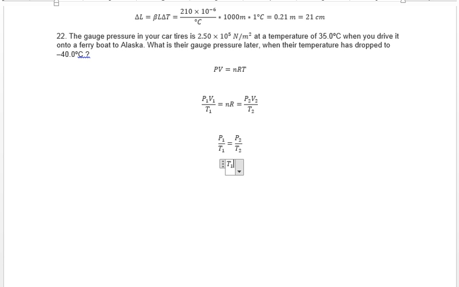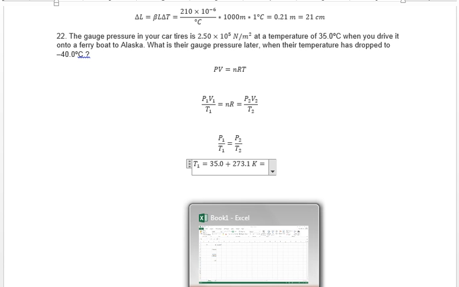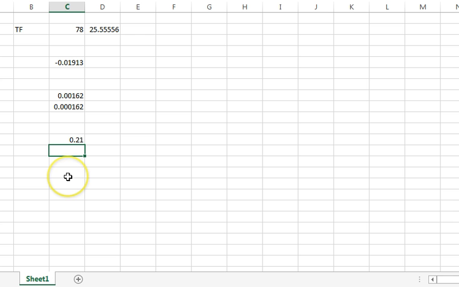Very important: in these equations where we have just T and not delta T, the units we need are Kelvin, right? So we need 35.0 plus 273.1 K. 35 plus 273.1 is 308.